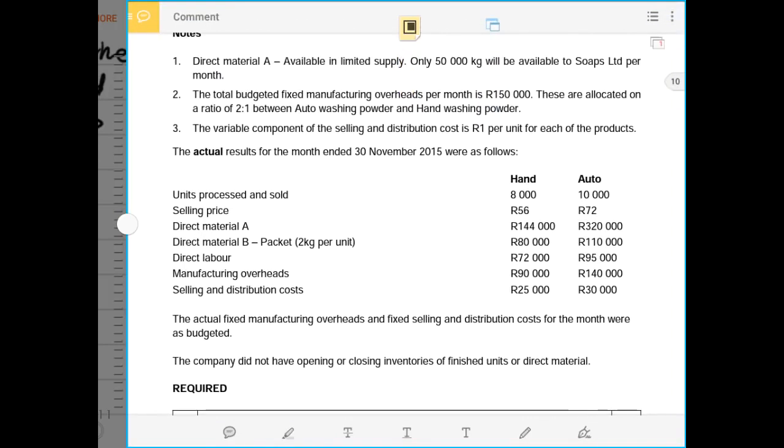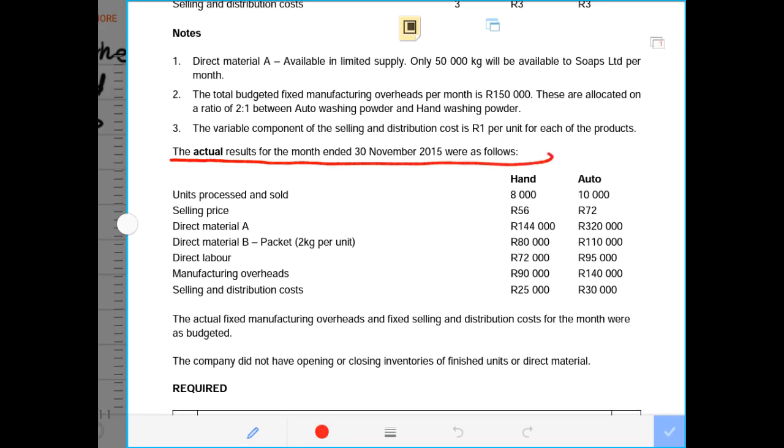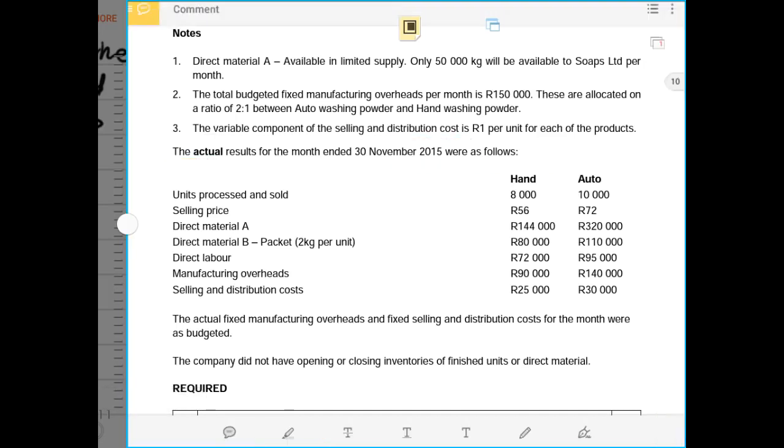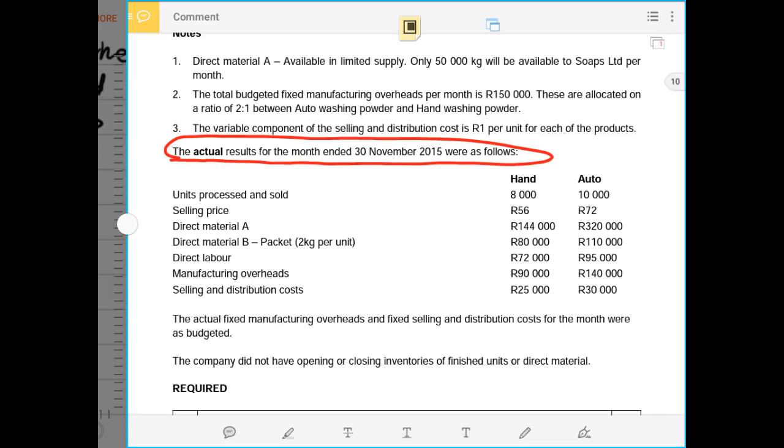Now, you might note that I have not read the actual information yet, because I don't need it now, so I only read what is relevant for the response to the first questions. I will respond to this one later on when there is a need for me to take the actual information into account.